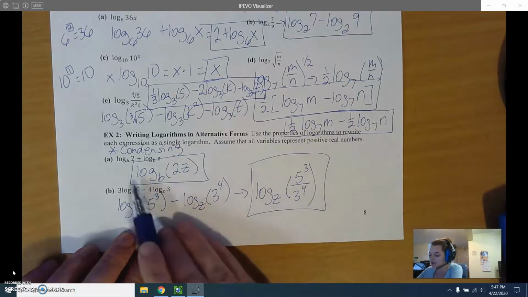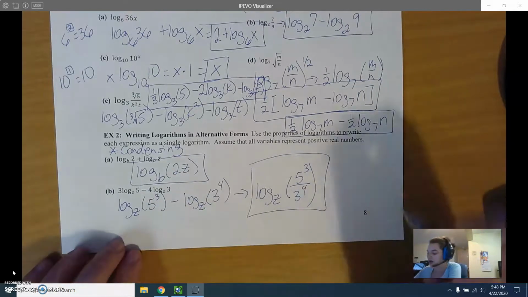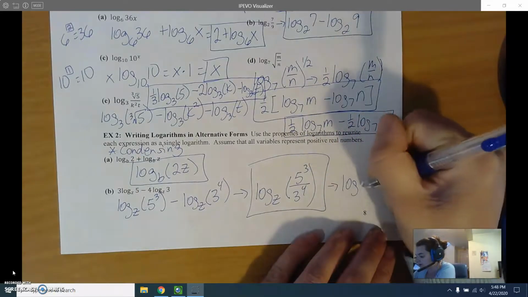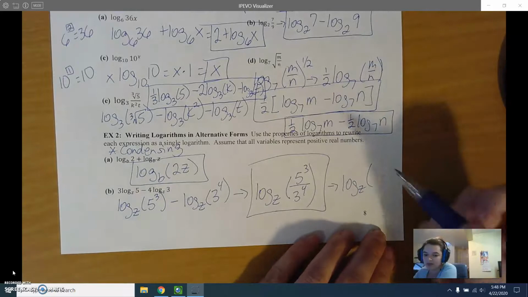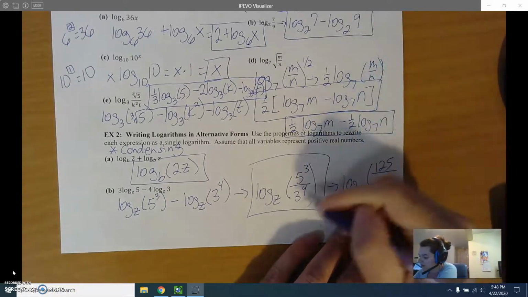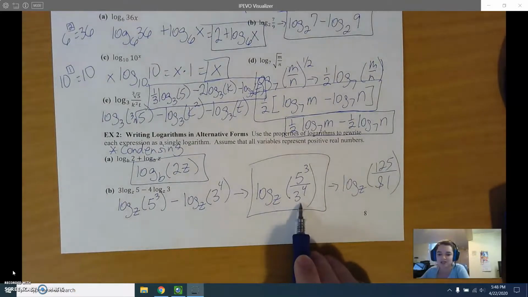Since we started out with a 3 and a 5, it likes to see where the 3 and the 5 went. But you certainly can do them if you'd like. You know, 5 to the 3rd is 125. 3 to the 4th is 81. You can certainly do that. But I'm not sure how my math lab is going to feel about it. I think, if I remember right, it prefers this way.